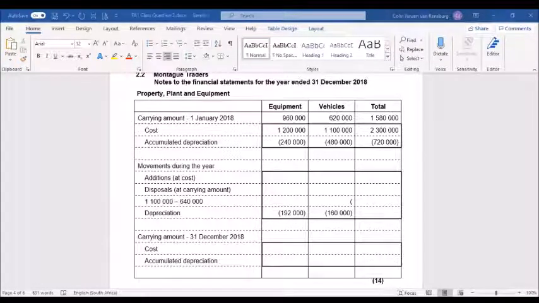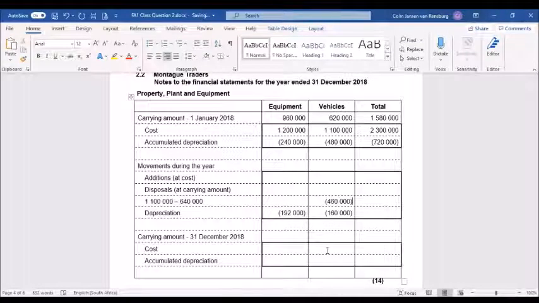Yes, if you take something out of those balances, thank you, Akona and Aqua, that means you are going to decrease the net carrying amount. Therefore, that must be shown as a negative. What did we just calculate? 460,000.